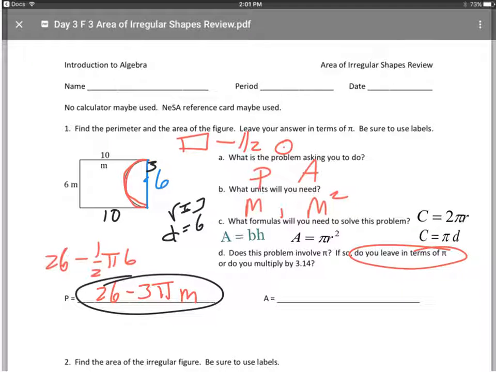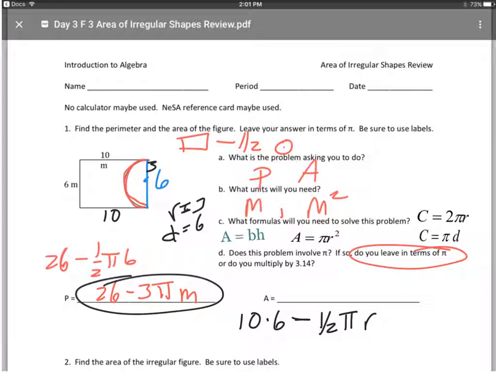Now on the area, we're going to have the same thing, rectangle minus half a circle. So what does that look like? Well, the rectangle's area is 10 by 6. So that's 10 times 6 minus half of a circle. Area of a circle, we know, is pi r squared. So half of pi, and then radius is 3.